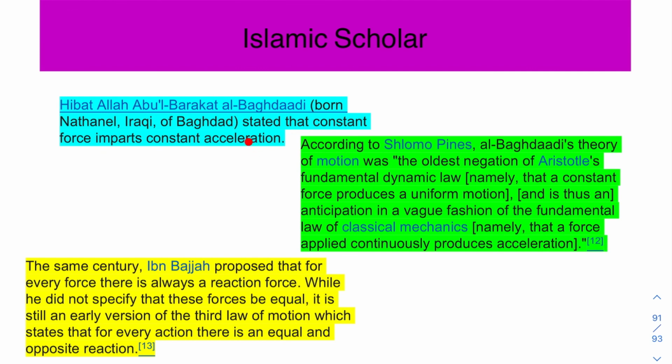So it's similar to the net force equals ma. According to Shlomo Pines, al-Baghdadi's theory of motion was the oldest negation of Aristotle's fundamental dynamic law, namely that a constant force produces a uniform motion. So it's even older compared to Newton's.